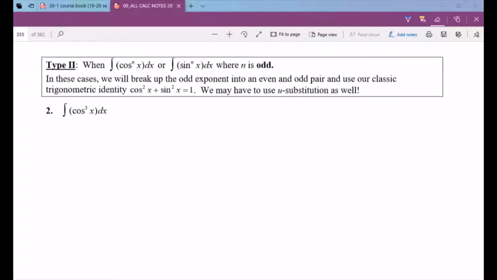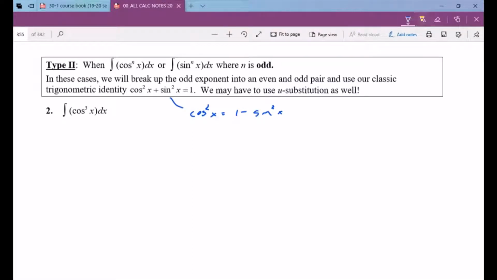The simplest one that we saw, the first one that we saw last semester, was cos squared plus sine squared is equal to 1. So remember that cos squared plus sine squared equals 1 gave rise to cos squared x being equal to 1 minus sine squared x, just by subtracting.